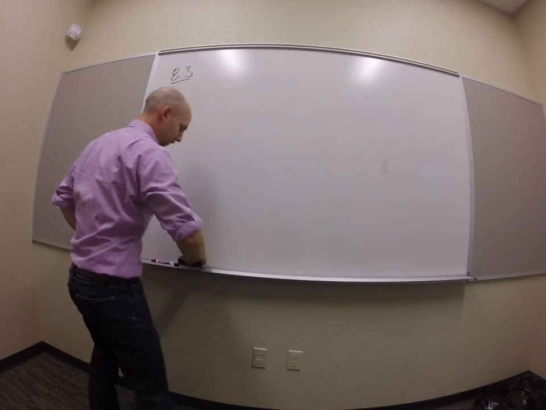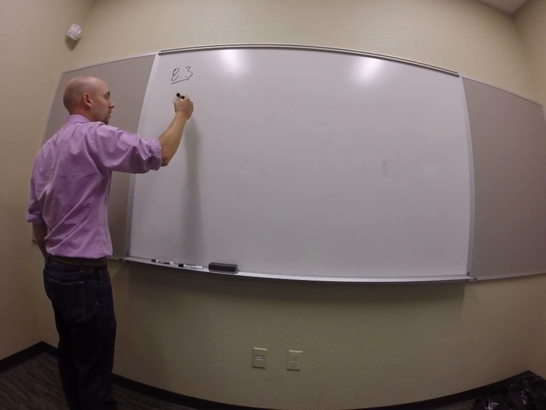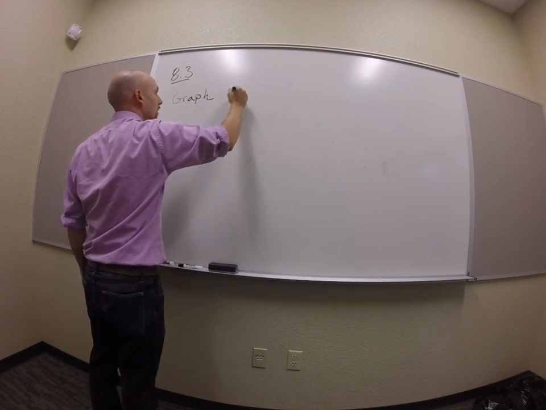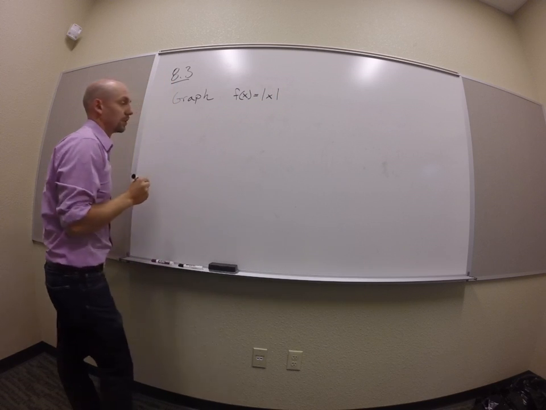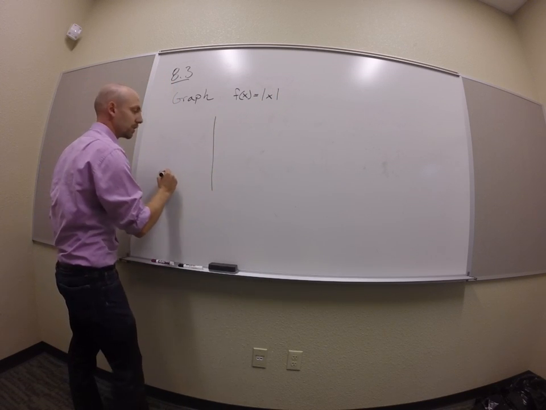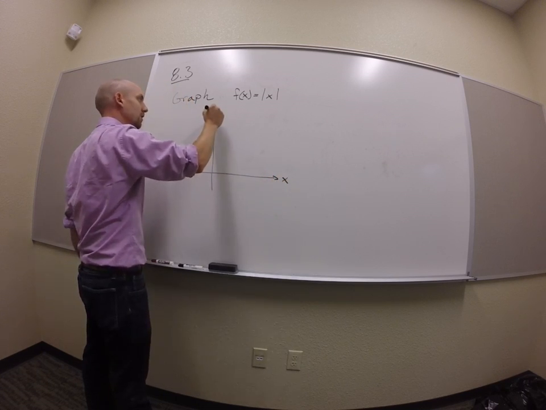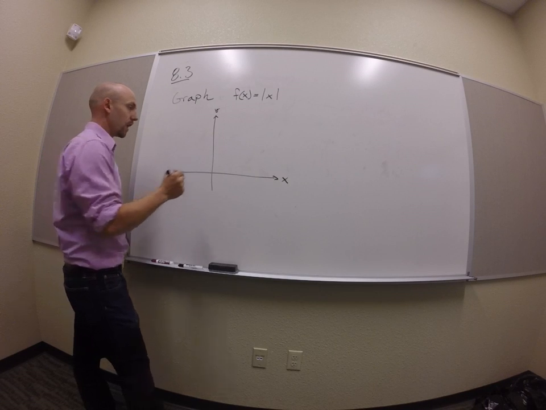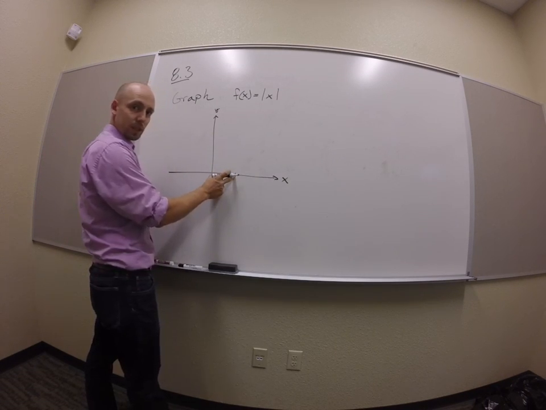Okay, so let's graph f of x is absolute value of x. So we need to think about what this thing does. So here's our x's, here's our y's, our outputs. If I put a value in over here, it returns this distance.